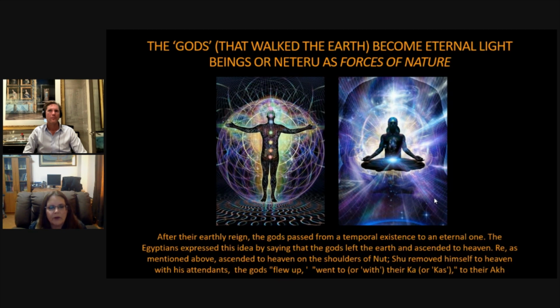So after their earthly reign, the gods passed from a temporal existence to an eternal one. The Egyptians expressed this idea by saying that the gods left the earth and ascended to heaven. Ra, or Re, as mentioned above, ascended to heaven on the shoulders of Nut. Shu removed himself to heaven with his attendants. The gods flew up, went with their Ka to their light body.